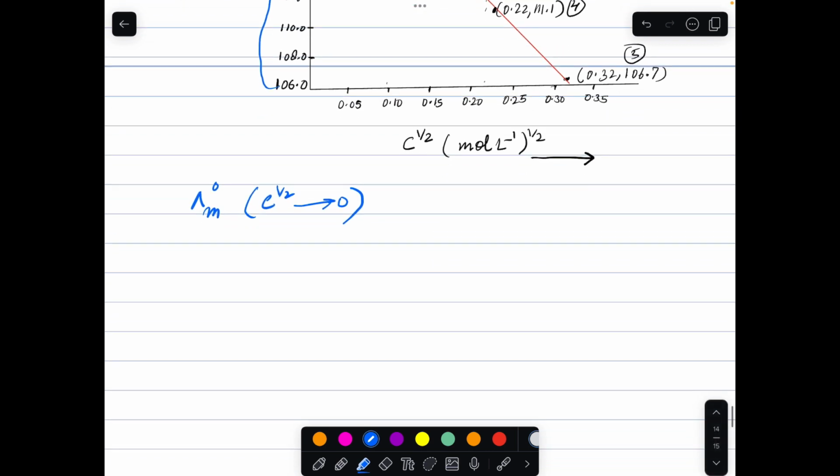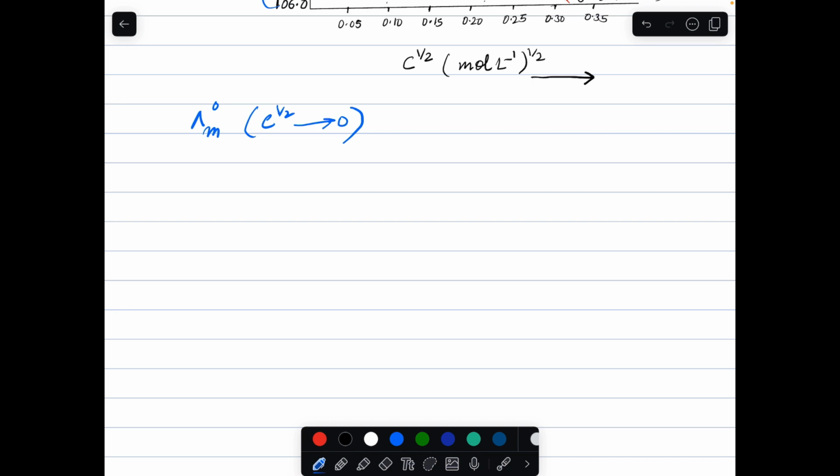So we will write down your molar conductivity, which is basically the intercept on the y-axis. This is the limiting value of molar conductivity.